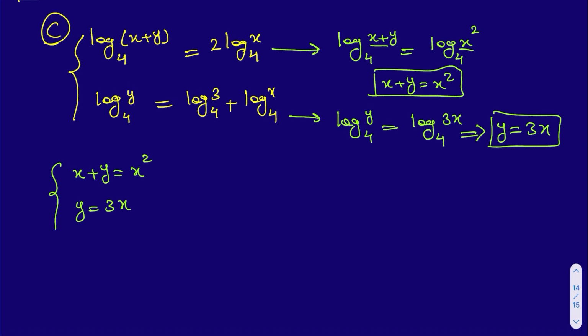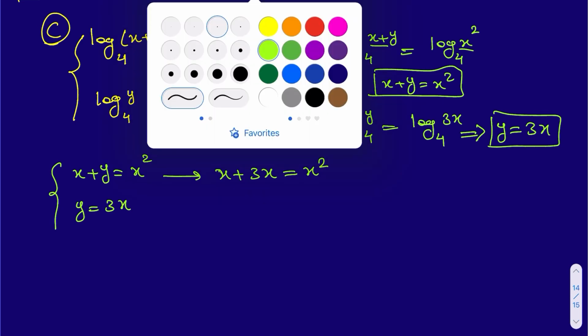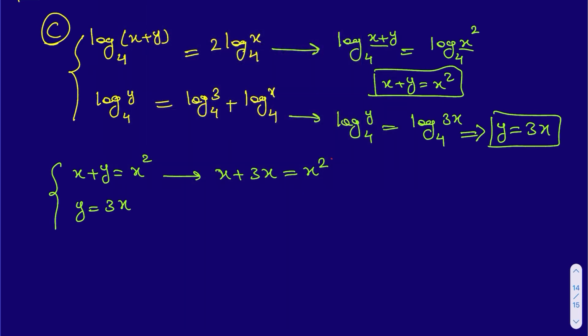3x, and I can get x plus, instead of y I will write 3x, is equal to x to the power of 2. Then I can simplify these x's together, and then x is equal to 1 plus 3, which is equal to 4.